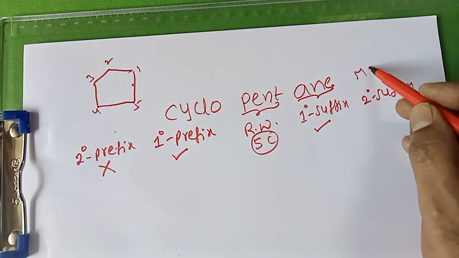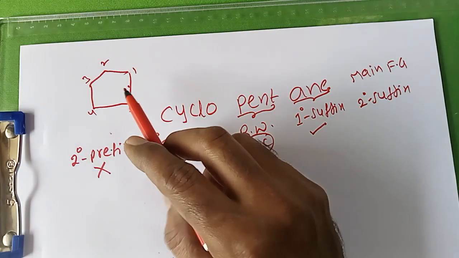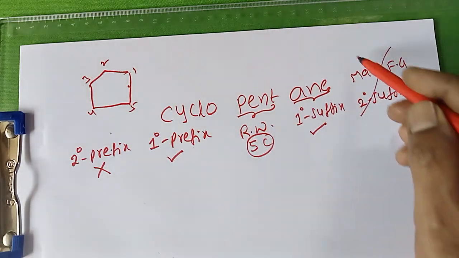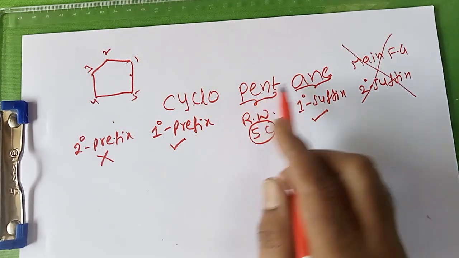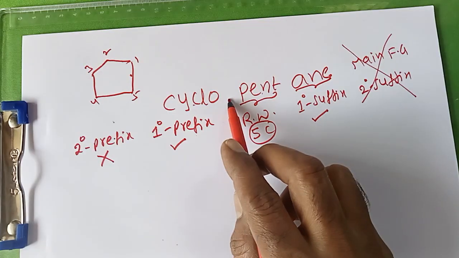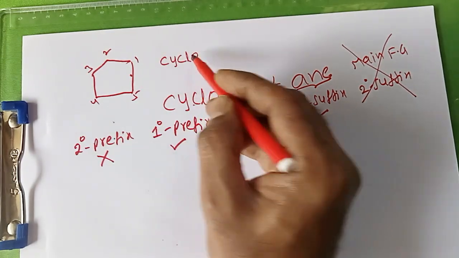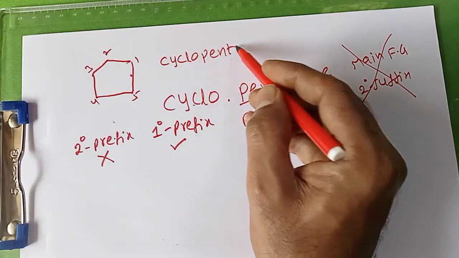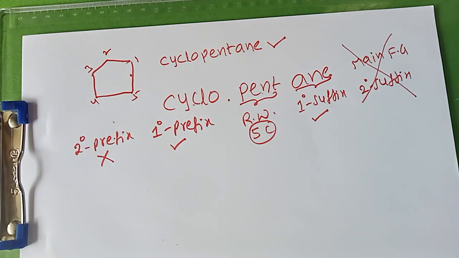Secondary suffix is what? Main functional group. But in this compound there is no main functional group. That's why what is this name? Cyclopentane. Need not maintain the gap here. So what is the IUPAC name? Cyclopentane is the correct IUPAC name.